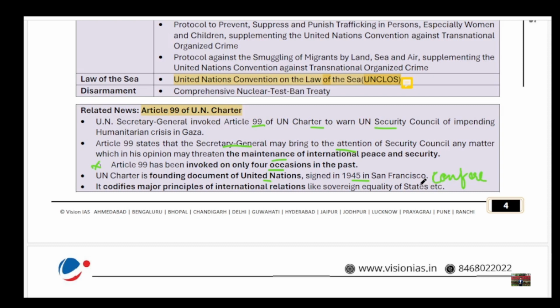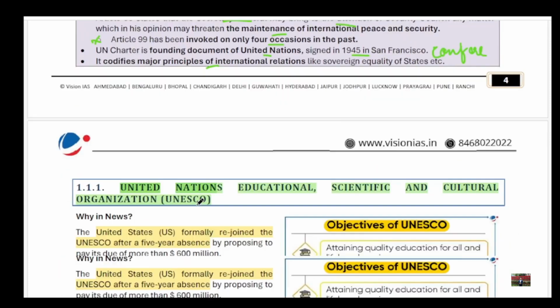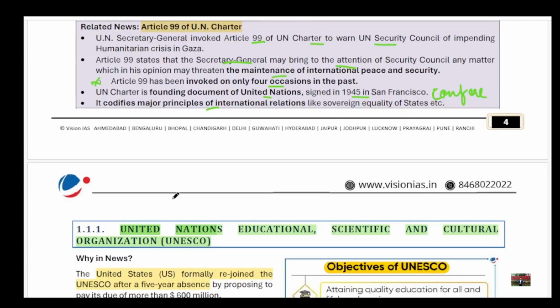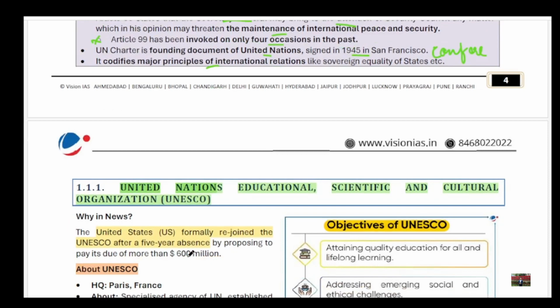In the same conference, the UN Charter was signed, out of which Article 99 is very, very crucial because it has been used only 4 times in the past. All right. It codifies major principles of international relations like sovereign equality of states, etc. Right. So that is all about the United Nations and the UN Charter.